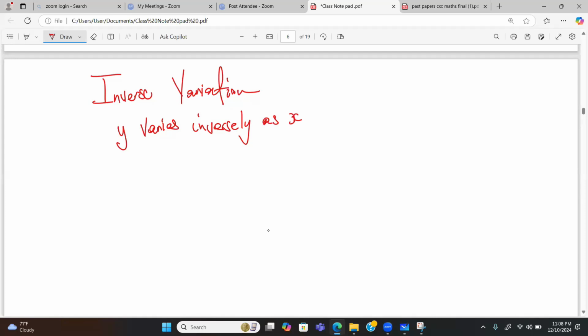If y varies inversely as x, it's really this: y varies inversely as x.